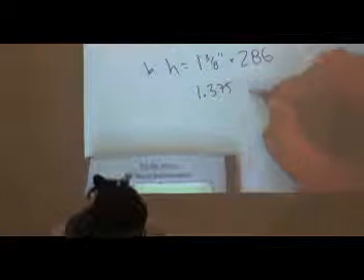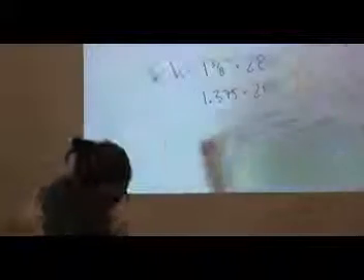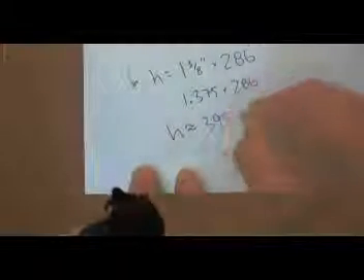As a reminder, to put 1 and 3/8 into your calculator, some people are doing it the wrong way. To get 3/8, please divide to get the actual decimal. So here I would have 1.375 times 286 to get our height at about 393.25 feet.